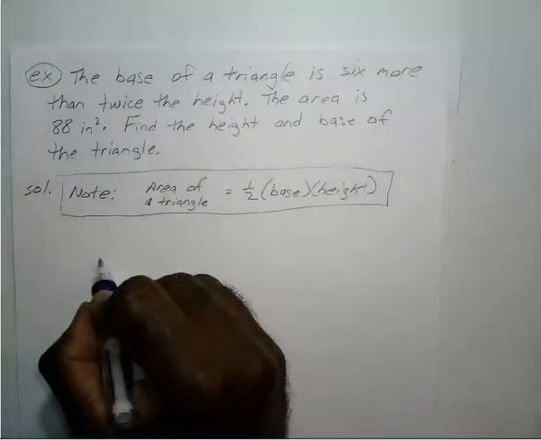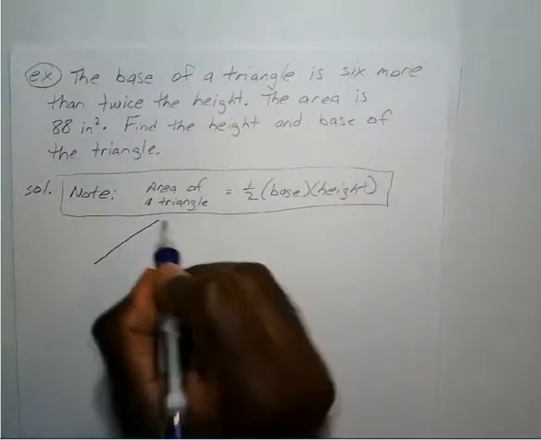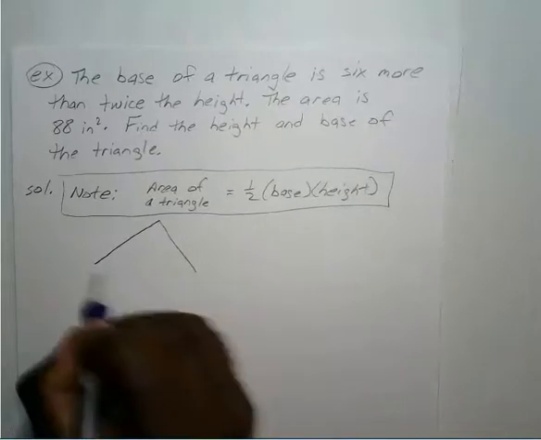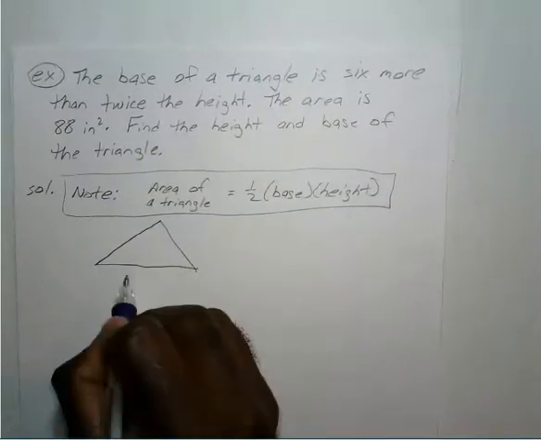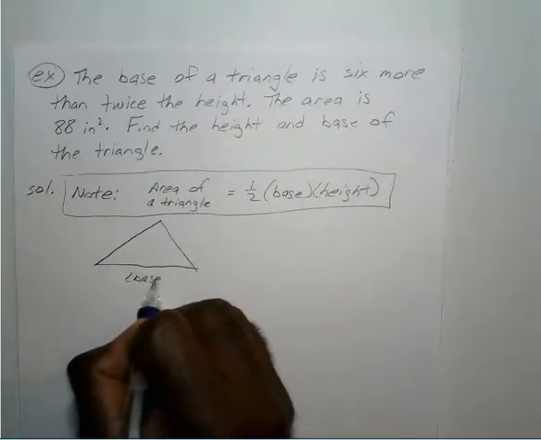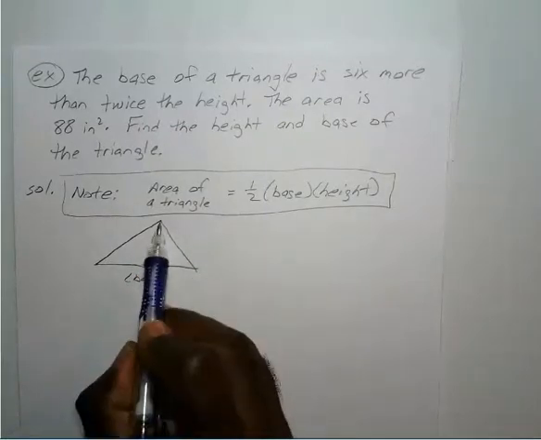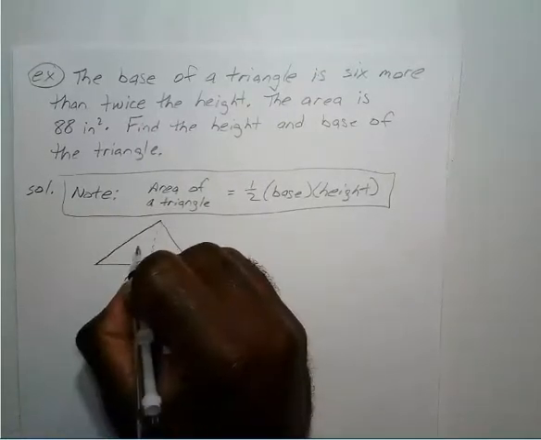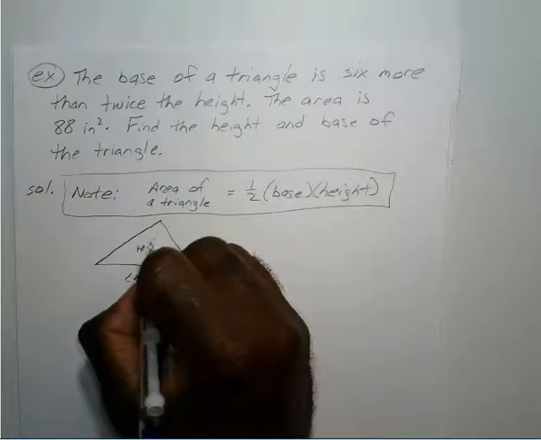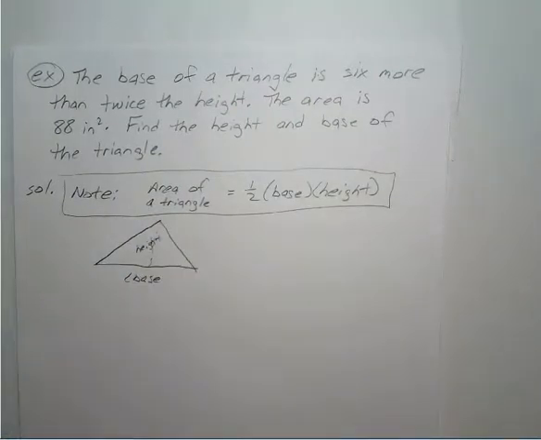Okay, so if we draw that out, this is your base, and the distance from the base to the apex of the triangle is your height. We'll call that height right here.